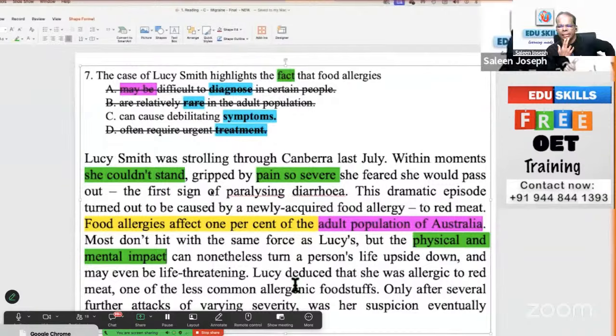Can that also be a correct answer? If they mention food allergies are relatively rare in the adult population of Australia, that will be the right answer.